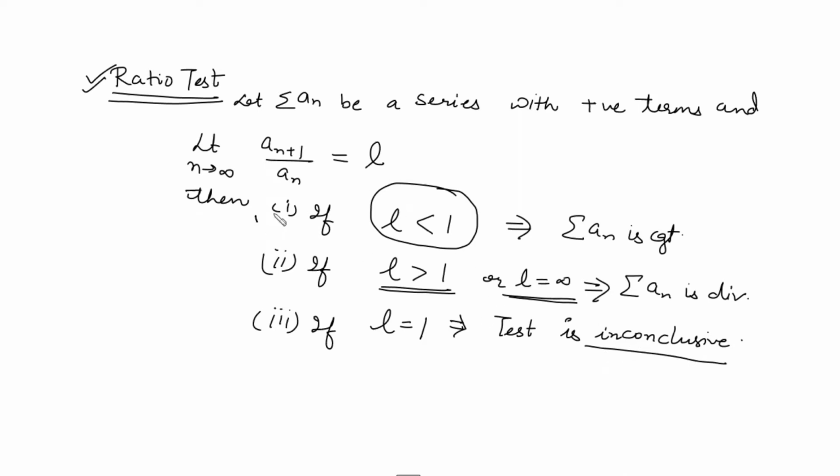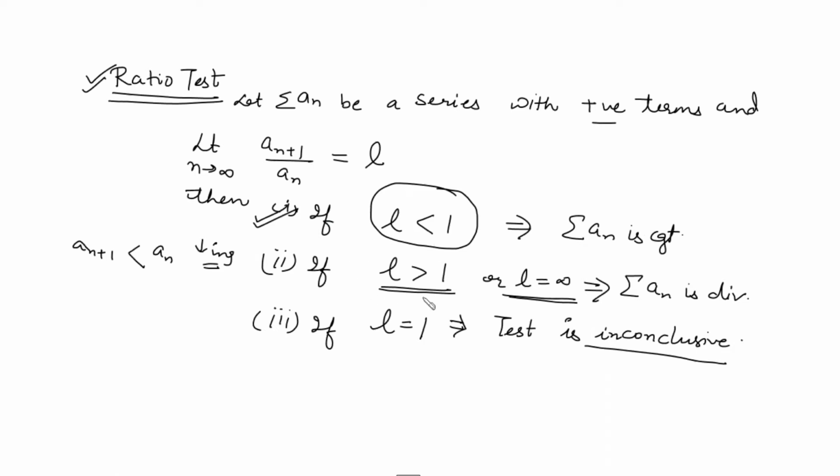Now just see, what does it mean if the ratio is strictly less than 1? It means your n plus 1th term is strictly less than the nth term. So the sequence is basically decreasing over here, and it also has positive terms. So this implies this series is convergent, right?